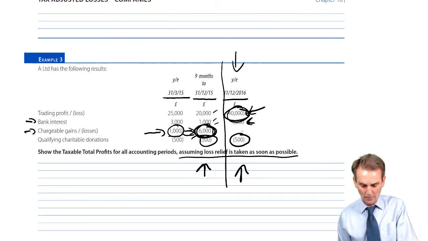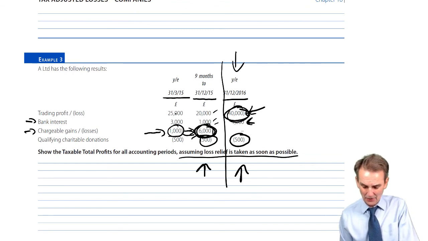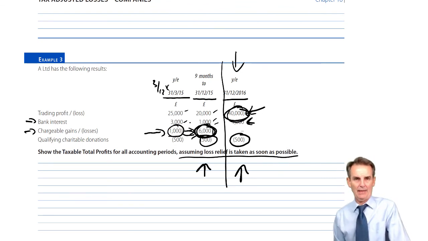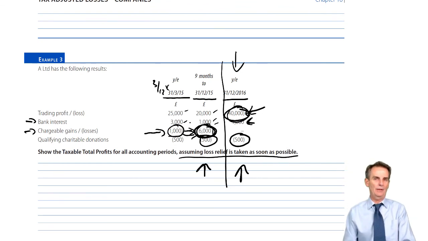Again, the donations would be wasted, and then you could go back against 3 months worth of this period. In this period, what would the total profits have been? The capital loss was nil assessment, 25,000 plus 3. So 3 months of that will be eligible for loss relief.